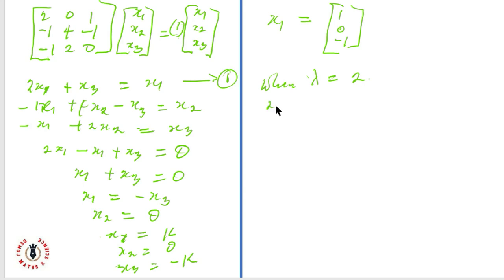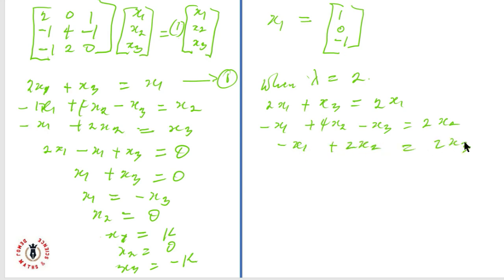So that my 2x1 plus x3 will be equal to 2x1, and minus x1 plus 4x2 minus x3 will be equal to 2x2, and my minus x1 plus 2x2 will be equal to 2x3.